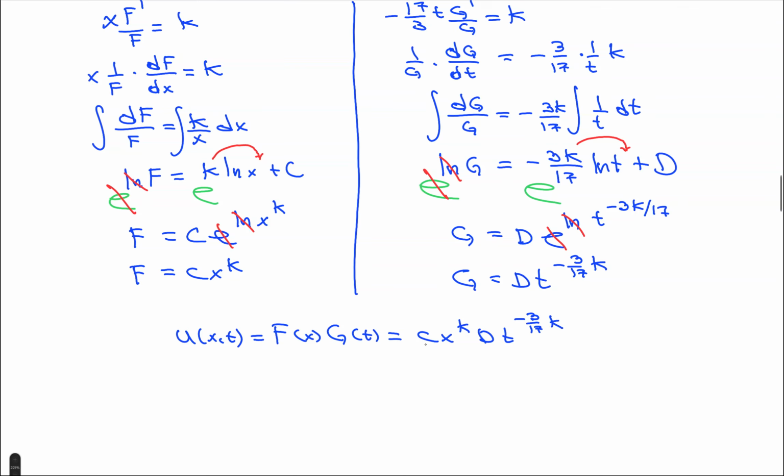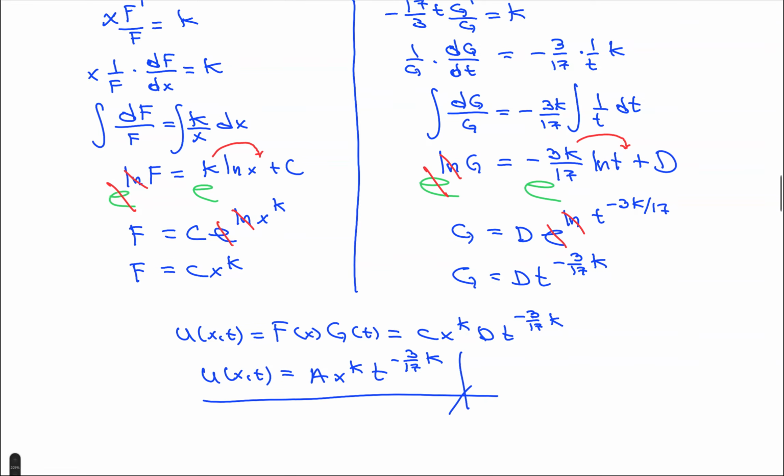And again, absorbing c and d, u of x, t equals c times d, which is just another constant a, and that's x to the k t to the negative 3 over 17 k. And that is our general solution.